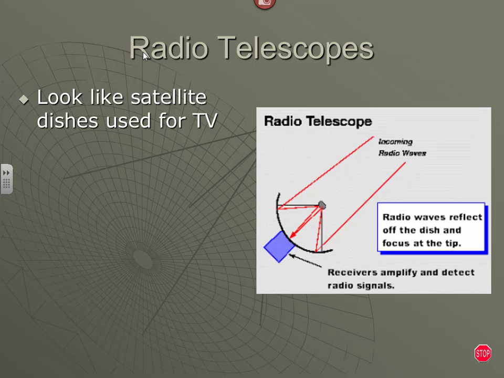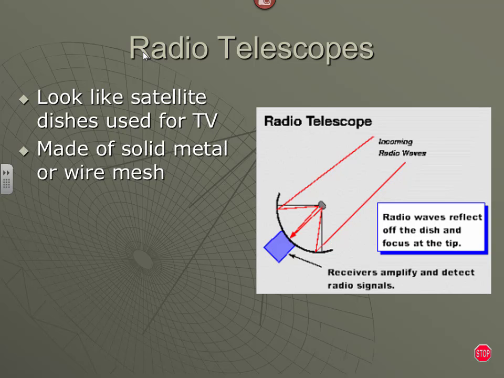The receiver, and then usually some computers along with it, are able to collect those signals and turn them into something that we can interpret, like a picture or a different data set. These are usually made of solid metal or a wire kind of mesh, something that's going to collect radio waves.